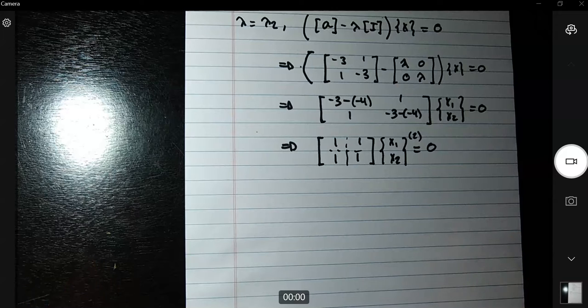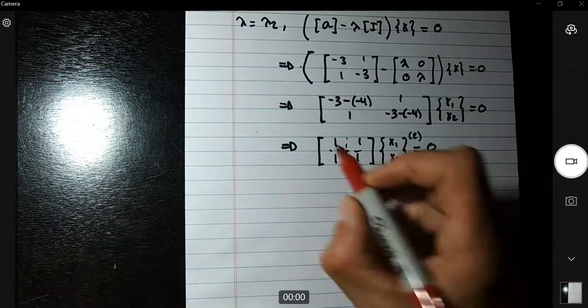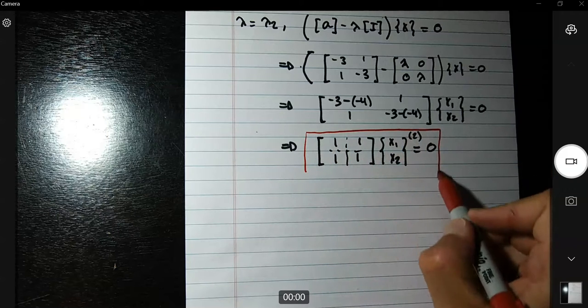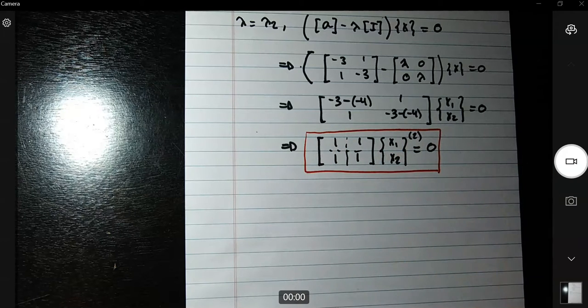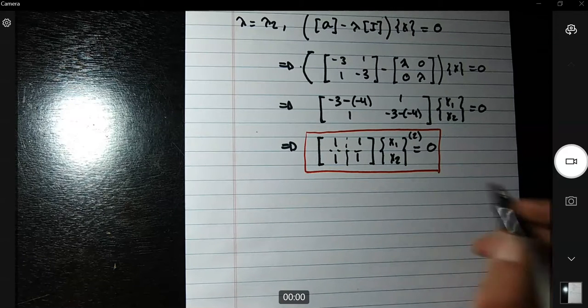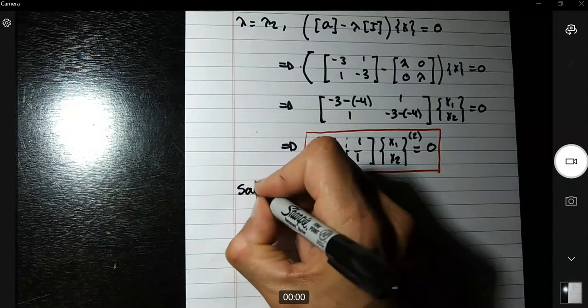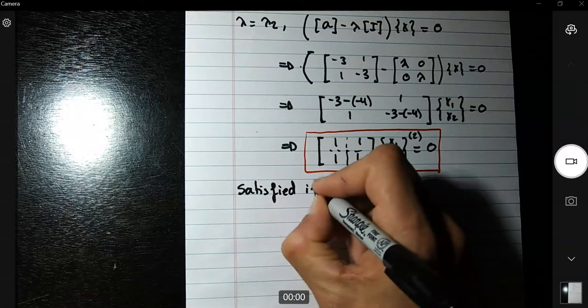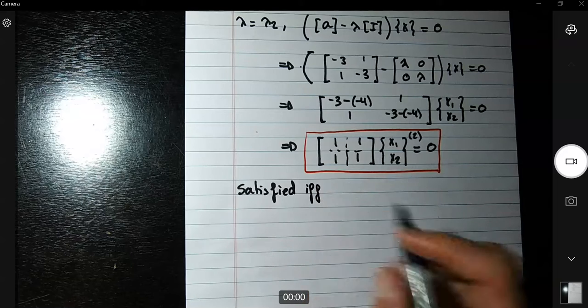So again, we go through the same routine. This equation is satisfied under which cases? So satisfied if and only if. I read it under this form.